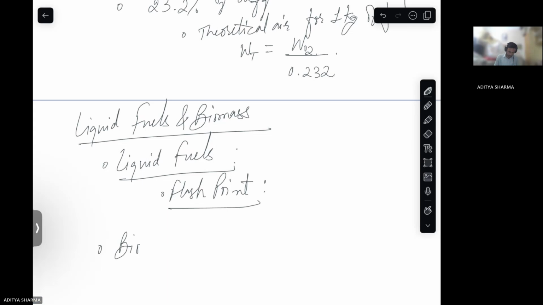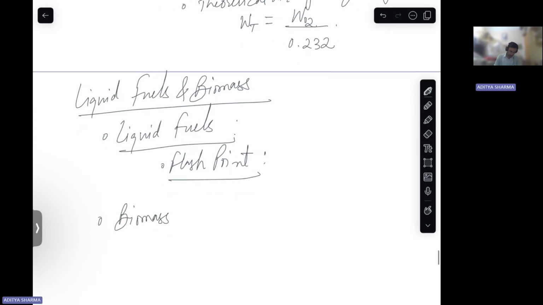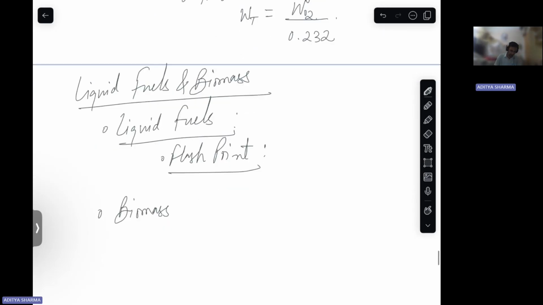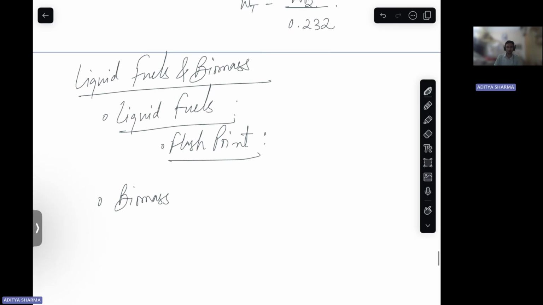So this was one important term that I felt was important in liquid fuels. Else it is very basic, as the lecture says, that we use hydrocarbons. Liquid fuels are majorly hydrocarbons, with examples like alkanes and benzene.